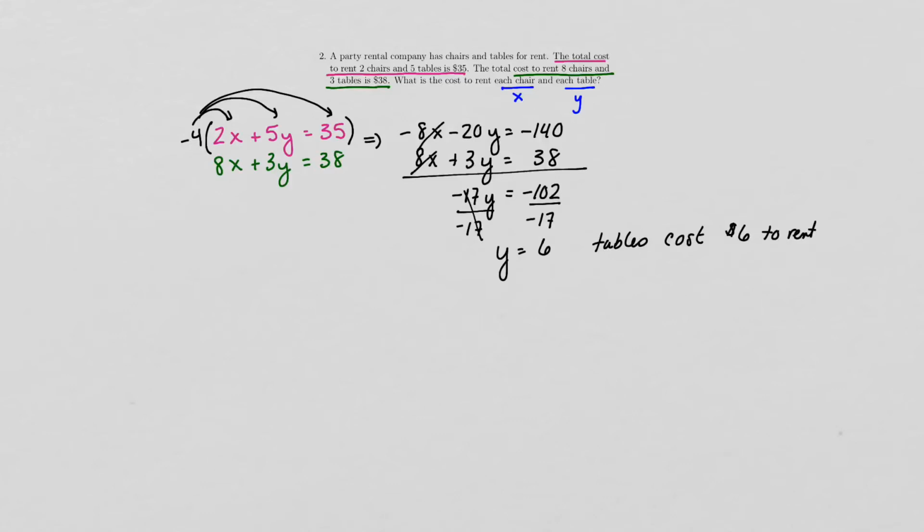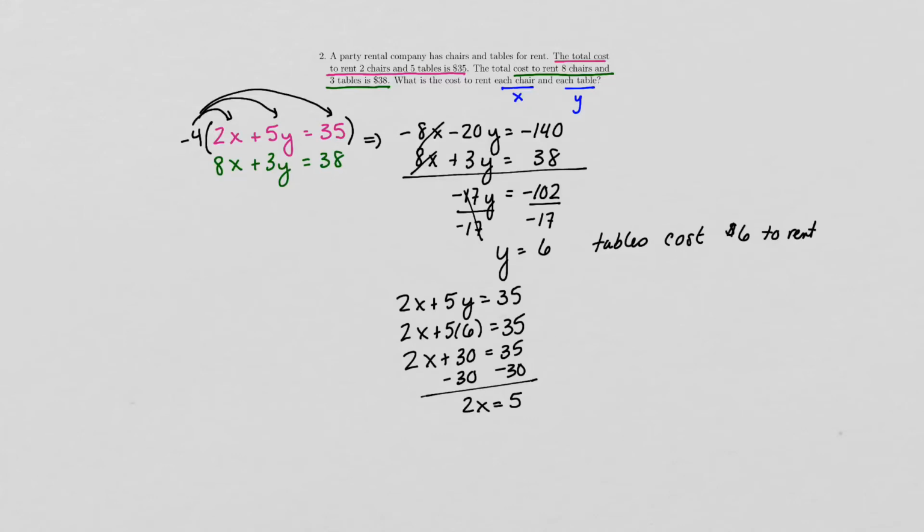And again, I'm going to pick any equation I want, so I'll pick that first one, 2x plus 5y equals 35. And I'm going to plug in for the y, so 2x plus 5 times 6 equals 35. So 2x plus 30 equals 35. So I'm going to subtract 30 from both sides. So 2x equals 5.